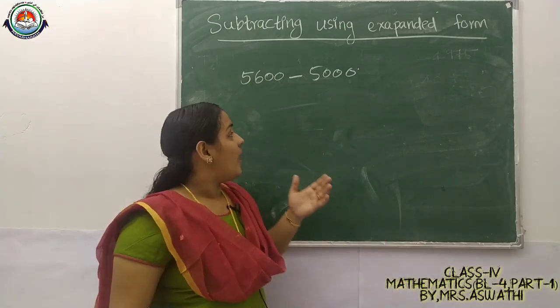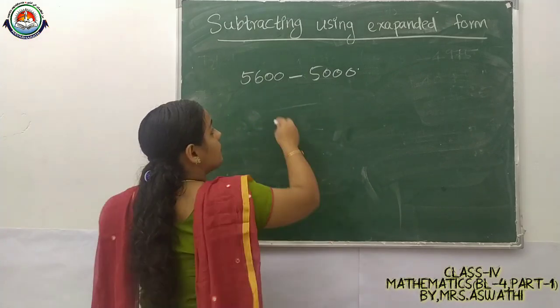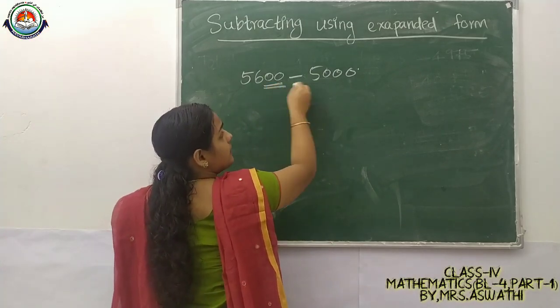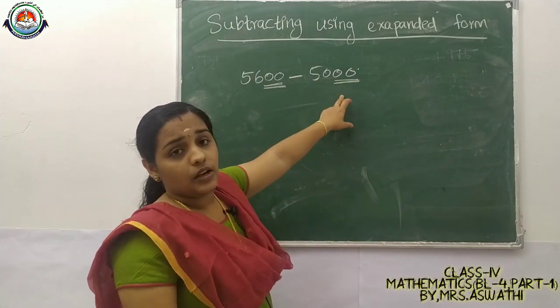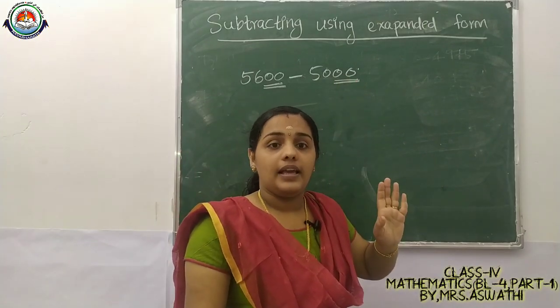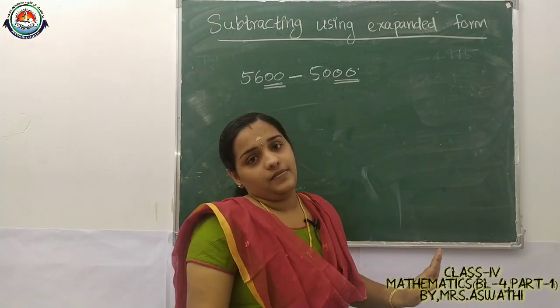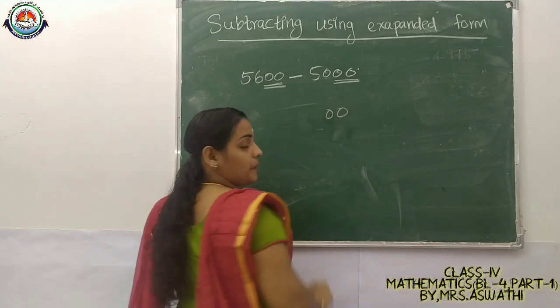Okay. Now I will explain one more. Both these numbers end with zeros. Zeros in the ones place and tens place. Already we found it.